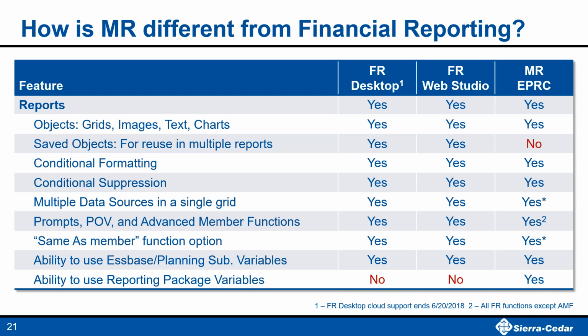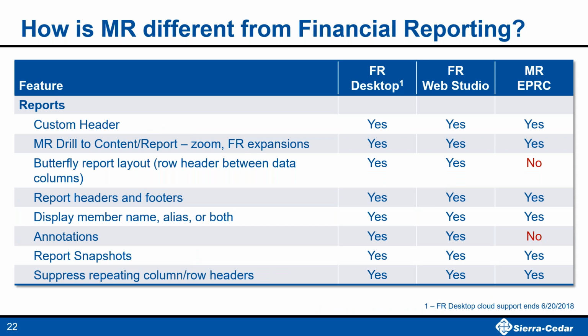And all financial report functions should be in MR except for advanced member functions like member properties such as associated attributes, UDAs, and those are going to be coming soon. And then one thing to note, and you'll see this on the next few slides, is that FR desktop cloud support is going to end June of this year. Okay, next slide.